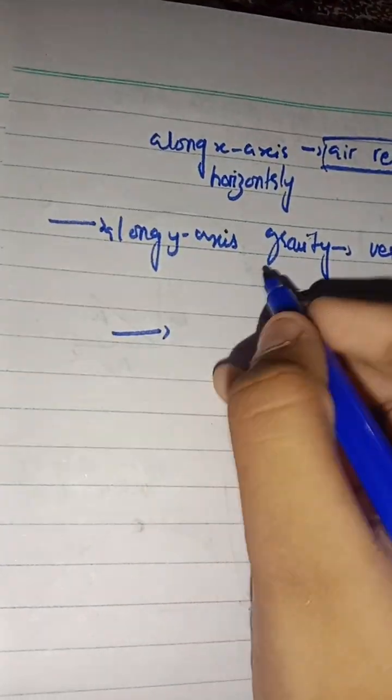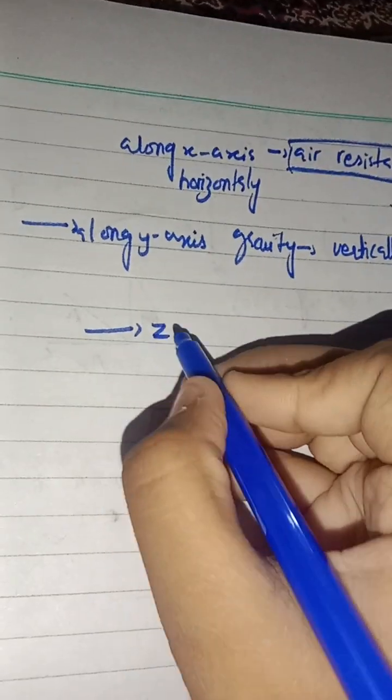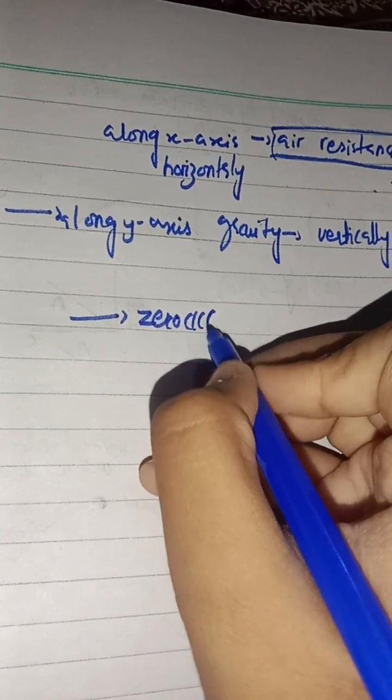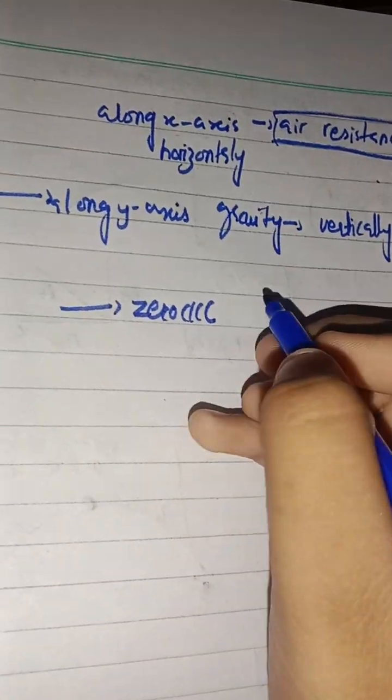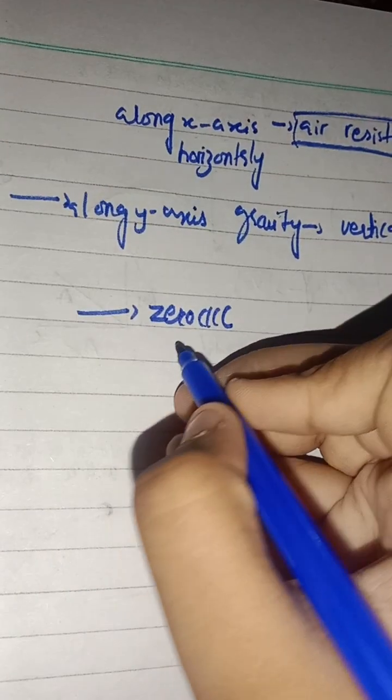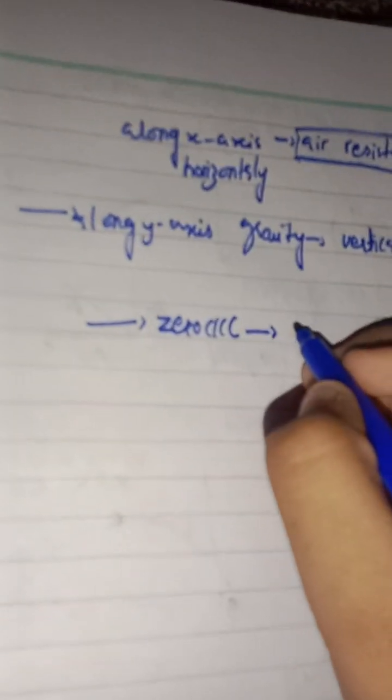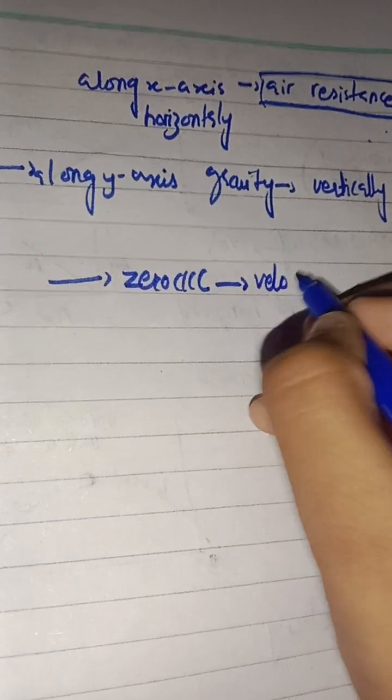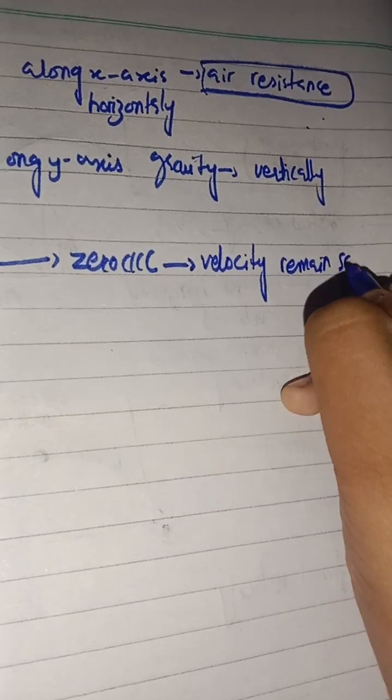If we neglect the air resistance, there will be zero acceleration because no force is there. If force is not there, then the acceleration will not be there, and velocity will remain the same.